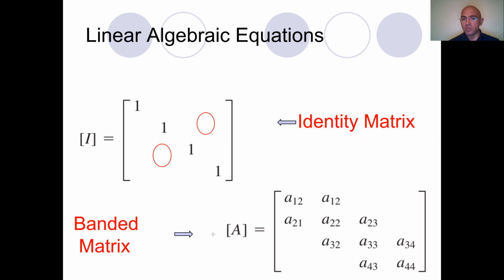We sometimes have banded matrices. For example, here we have the three diagonal matrix.